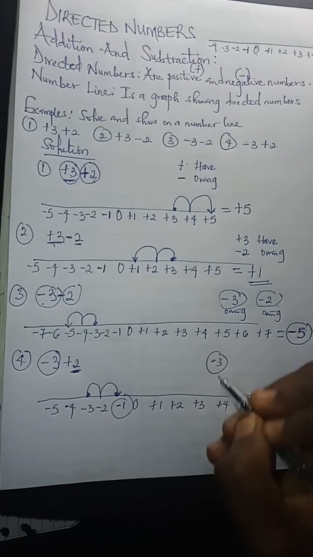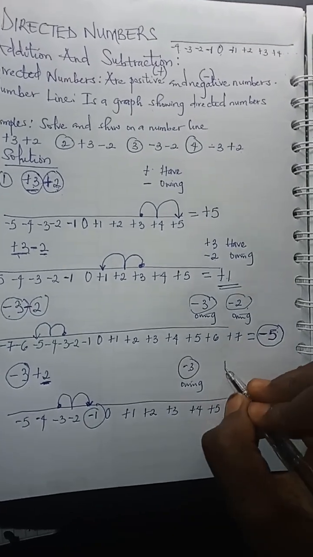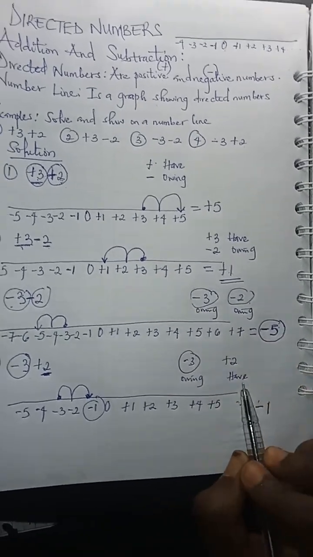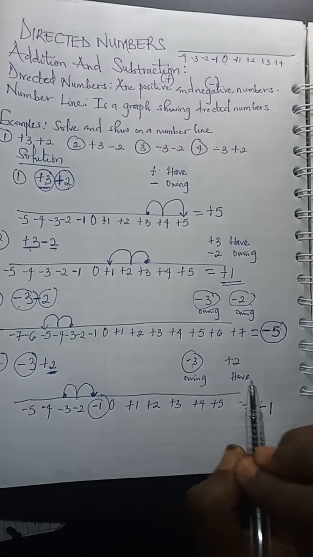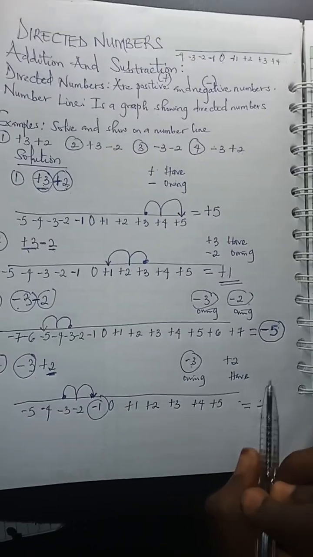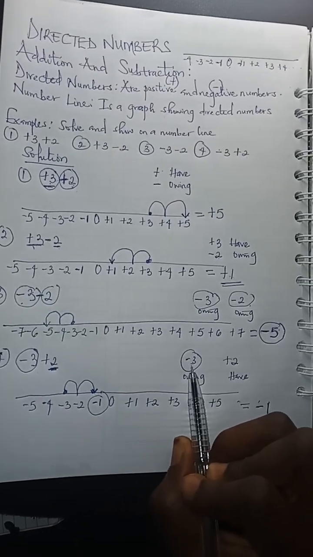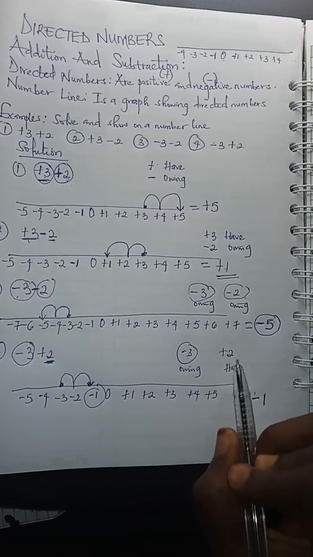Minus 3 means I am owing a friend 3 naira. Plus 2 means I have 2 naira in my pockets. So when my friend comes for his 3 naira, do I still have money on me? No, I don't have money on me. And besides, I can't even give my friend all the 3 naira I'm owing him. But what I can do is to give my friend all the 2 naira I'm having on me.